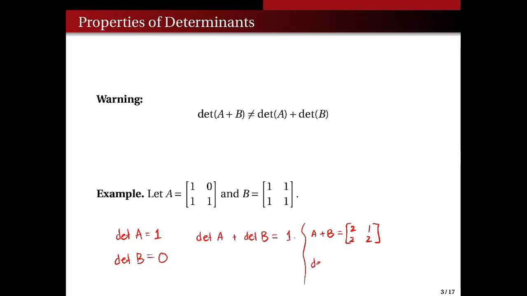So if we calculate the determinant of A plus B, we need to get the determinant of this. This is just 4 minus 2, which is equal to 2. And that's not equal to this. Okay? So you cannot just distribute the determinant over the sum. In fact, you cannot do that.